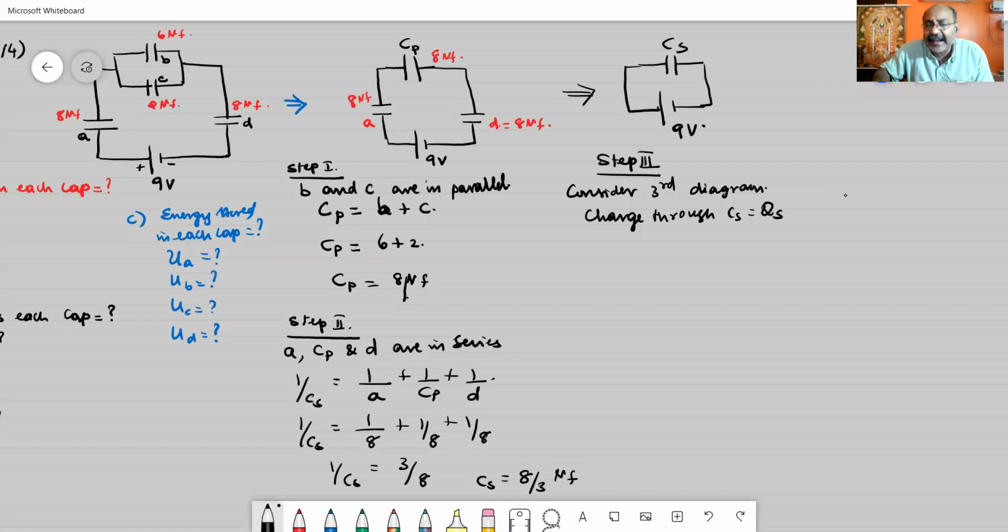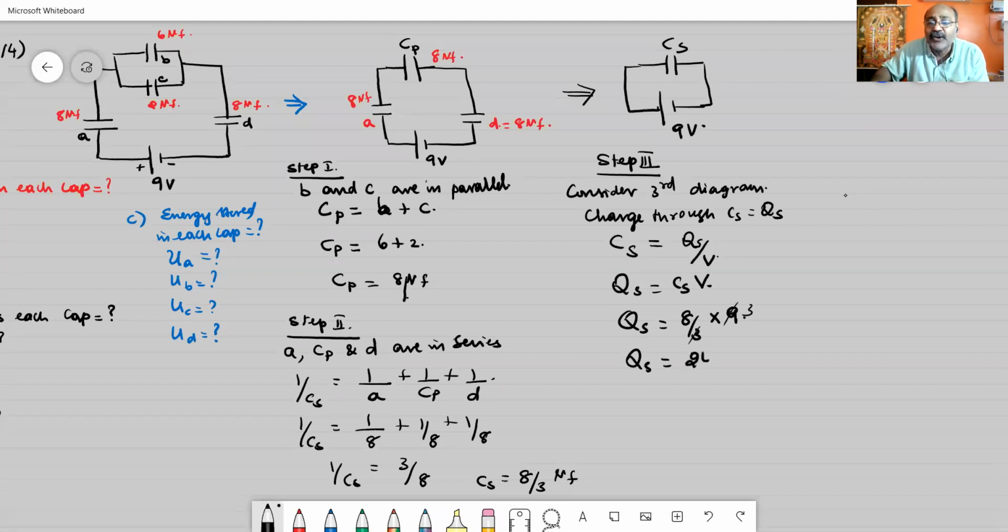C is equal to Q divided by V, so Cs is equal to Qs by V, and Qs is equal to Cs into V. Cs is 8 divided by 3, multiplied by V, which is 9 volt. Simplifying, I get 24 microcoulomb as Qs.